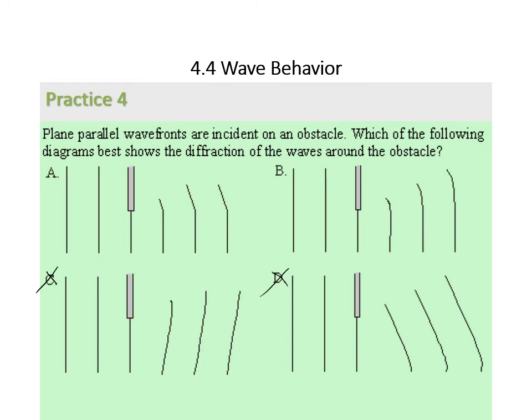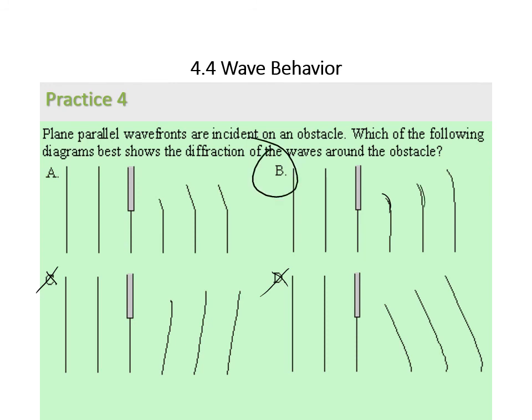So the question then, is it A or is it B? The wave fronts, according to Huygens' wave principle, are made up of spherical wavelets, spherical. So the edges should be rounded.